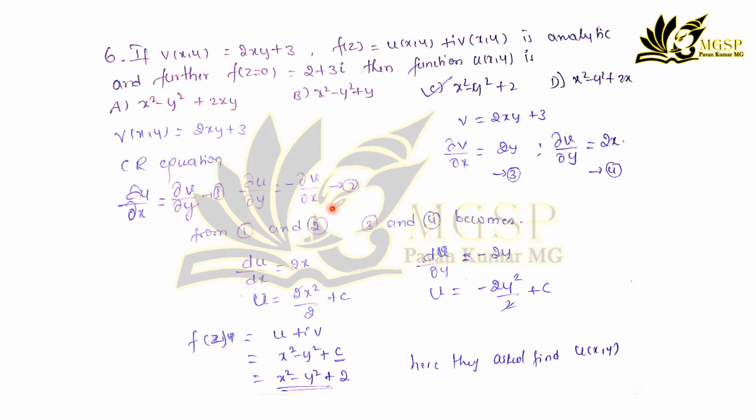After that you just do the integration by keeping y as constant. There is no y here, so in the integration you are left with a constant c, and here also some constant c. So we got x square minus y square.